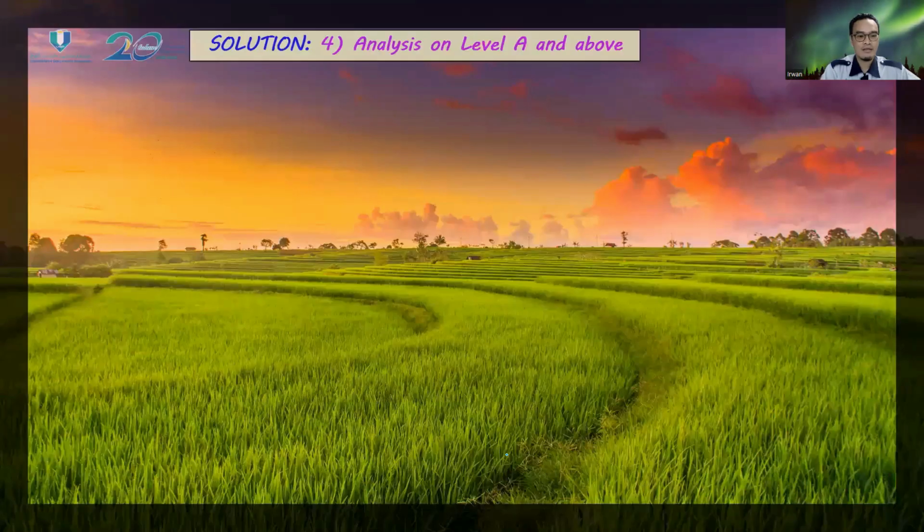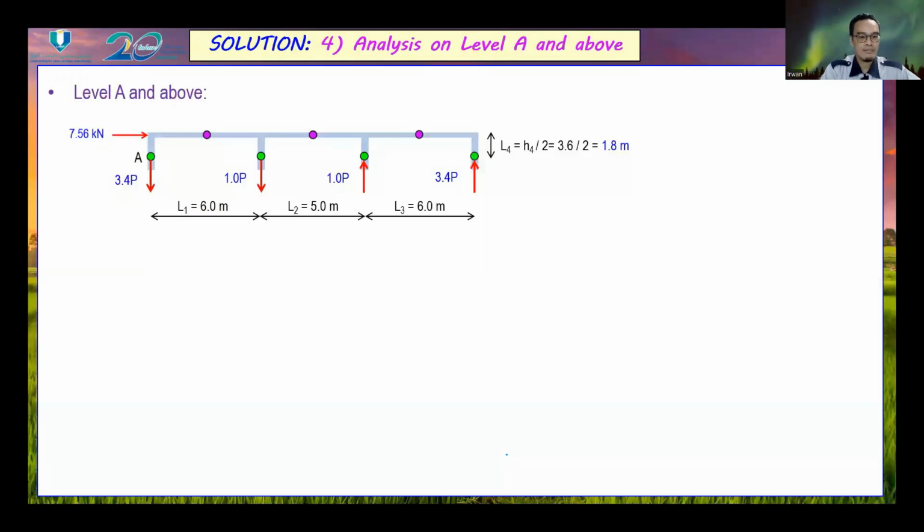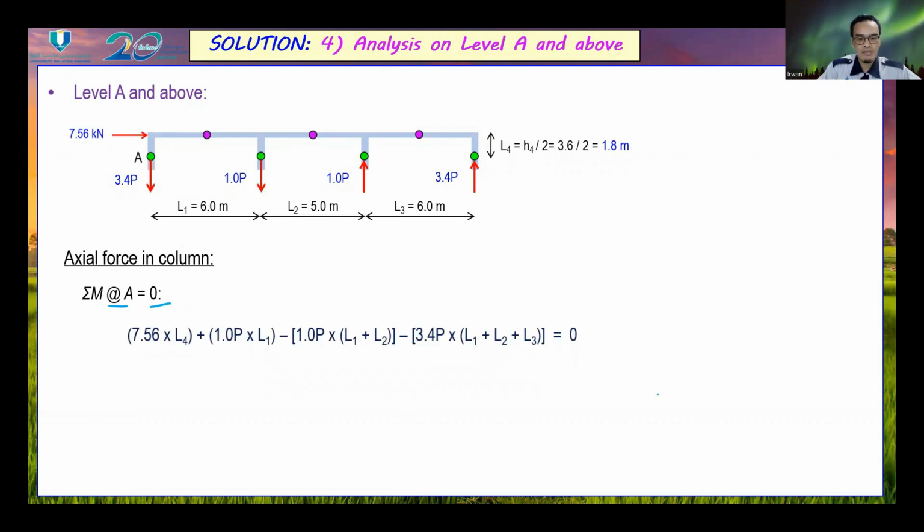Next, we can determine the value of P by considering the moment at A. The cumulative moment at A must be equal to 0, so we can solve this equation. This is the equation of equilibrium. We consider the forces and then the distance. This is the L4, and then we consider also this one, the forces and the distance.